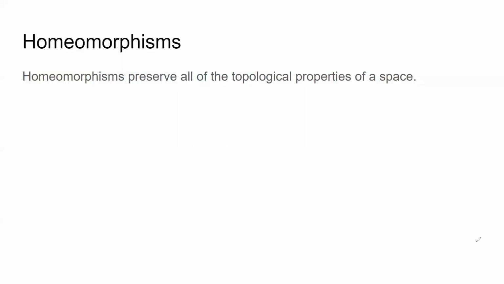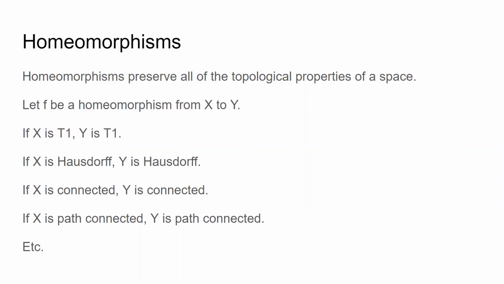Homeomorphisms have a lot of nice properties because they are the equivalence relation on topological spaces. So homeomorphisms are going to preserve all of the topological properties of a space. And what I mean by this is, if f is a homeomorphism from X to Y, then if X is T1, Y is going to be T1.